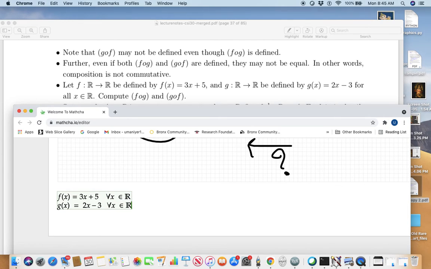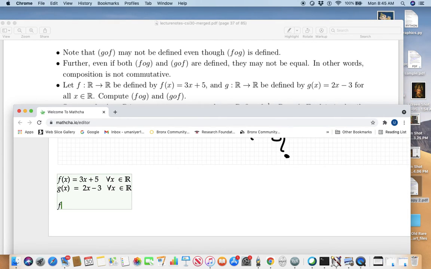Now let's compute f∘g. What f∘g means is f of g of x. So whoever is closest to x, you compute that first, g of x. Now g of x is 2x minus 3, so f of 2x minus 3. But what does f do to anything that is its argument?